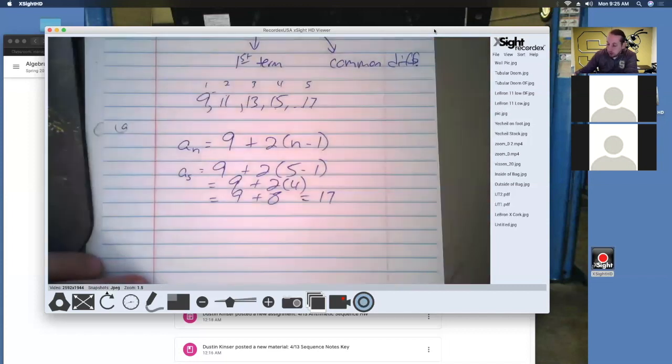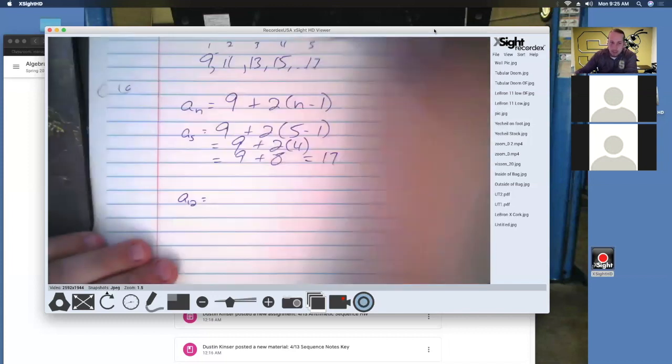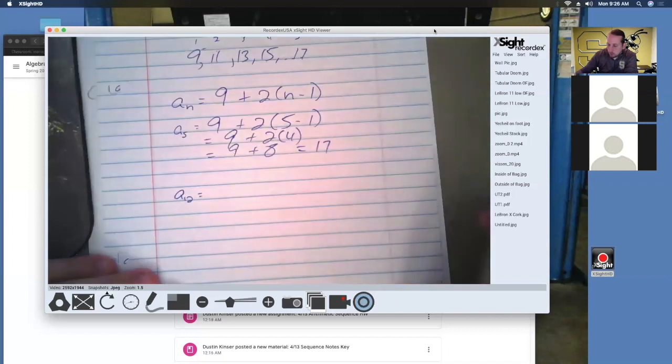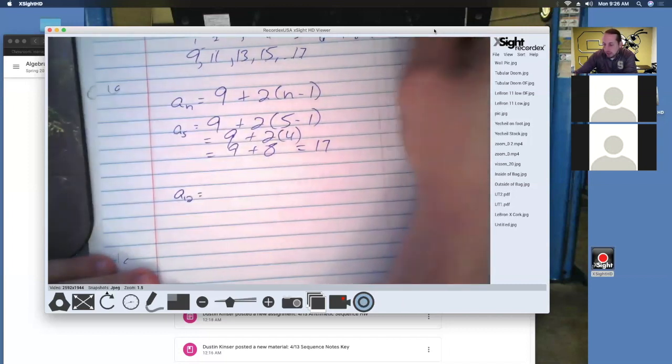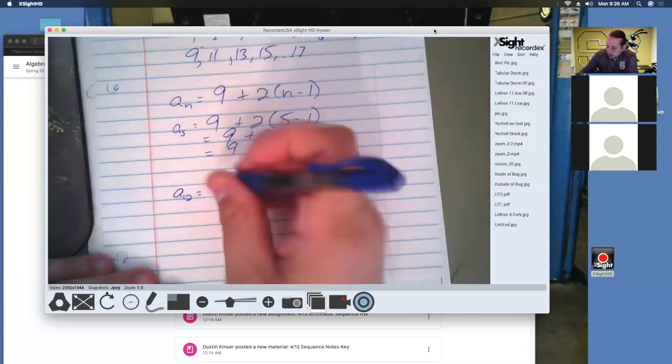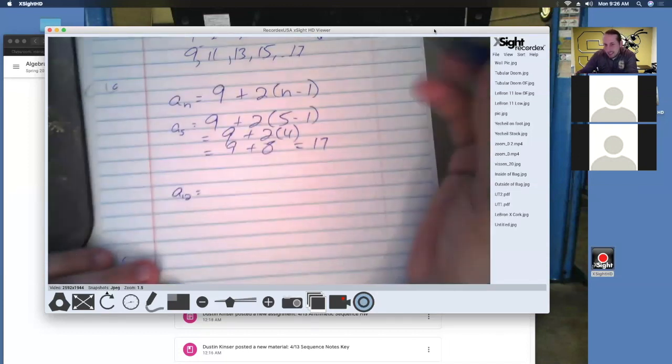okay, then it might be a little more time efficient to just plug it in the formula. Again, you could go through and figure out what the 12th term is if you wanted. But you're seeing the homework problems, they're asking for the 24th and 19th, and that takes a lot of time.